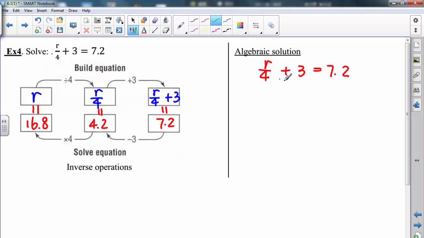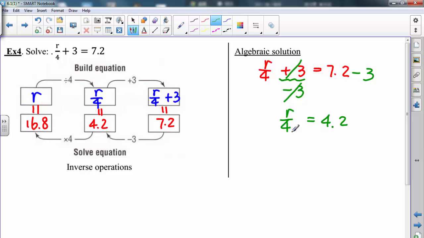The first step is get rid of adding 3 on the left side, which is also called isolating r over 4 from plus 3. So I subtract 3 from both sides. Then I cancel the 3 on the left side. On the left side, I only have r divided by 4 remaining. 7.2 minus 3 is 4.2.